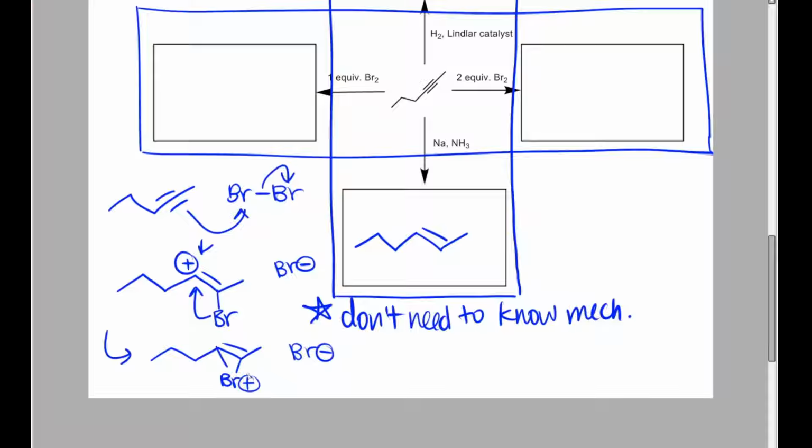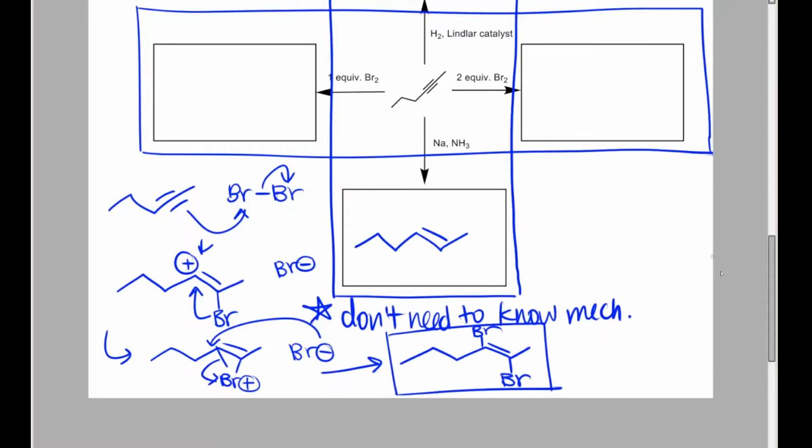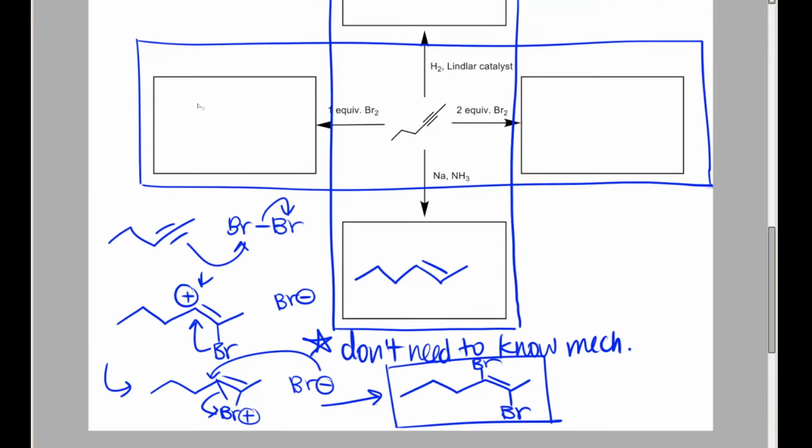But in this case, it doesn't really matter, so I'm going to just choose the left one and show you the mechanism. So it's going to attack this carbon, and then this bond between the carbon and the bromonium ion will break. And you're going to get something like this. So this is our final product after one equivalent of Br2.